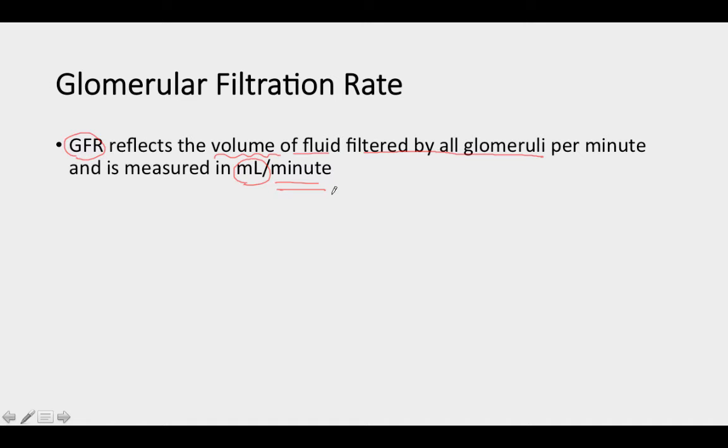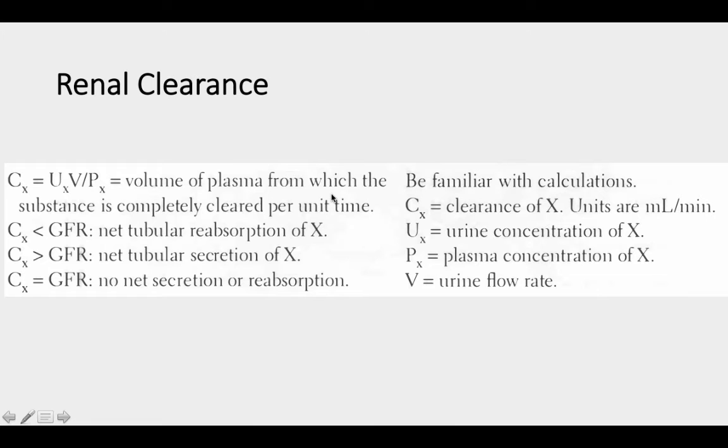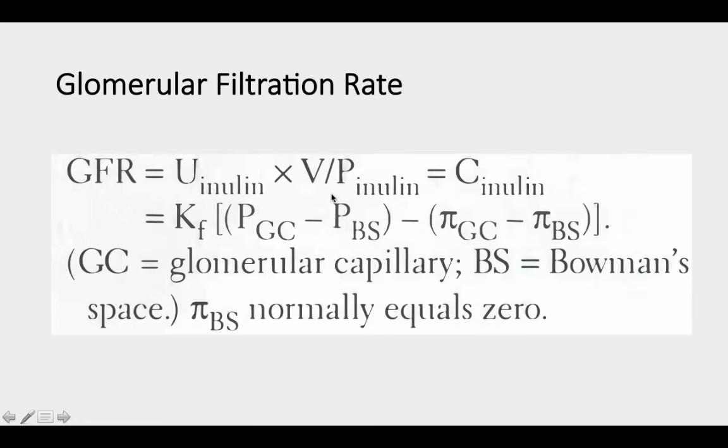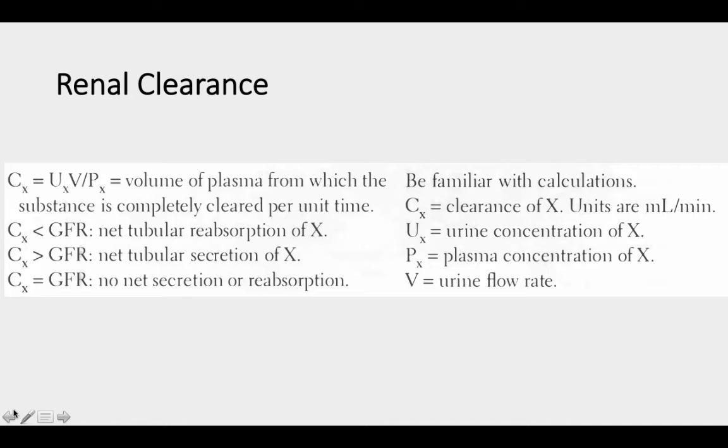Now, it's very important to be able to understand how we derive our glomerular filtration rate. What formula do we use? How do we actually find out this value? And the way we find out this value is through the concept of renal clearance.